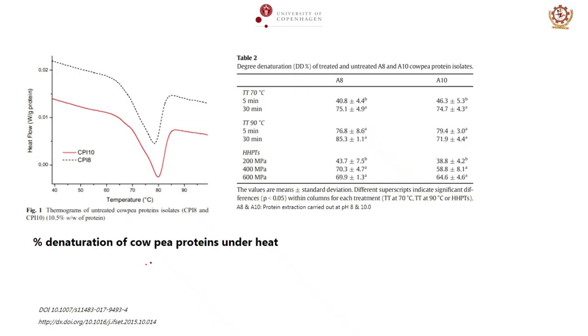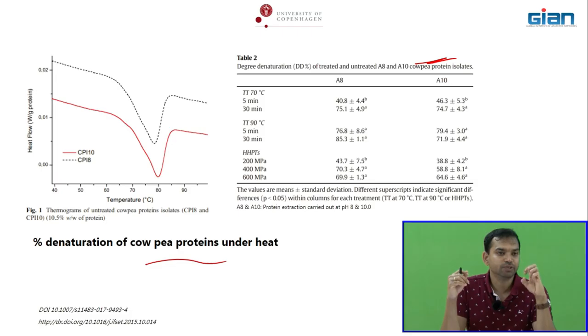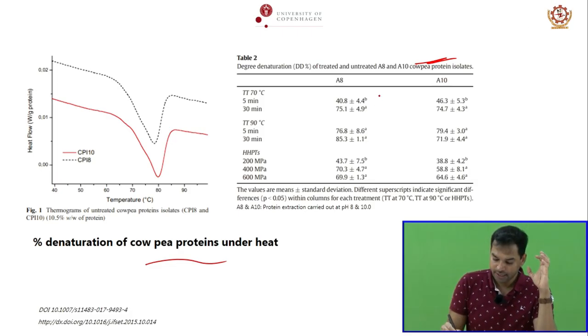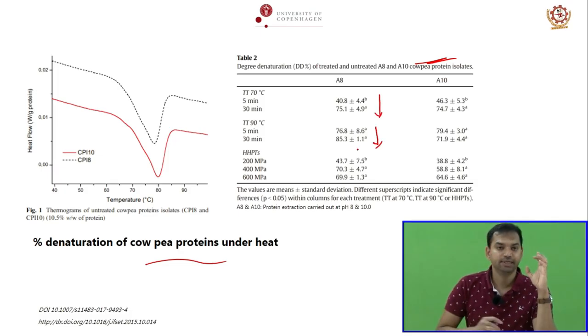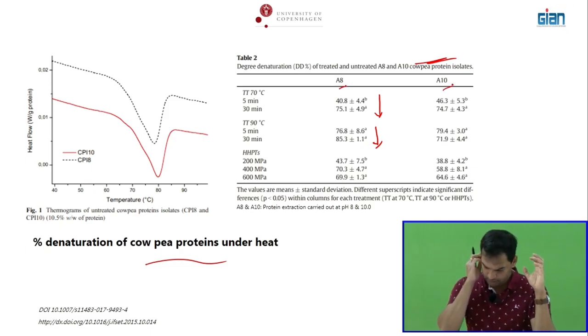Okay? Now, just to show this table here, these guys took, I think, pea proteins and cowpea proteins. What they are trying to see is to what percentage protein denatures with respect to heat treatment. You can see that increasing heat treatment increases the percentage of denaturation. I think A8 and A10 was pH, if I'm not wrong.